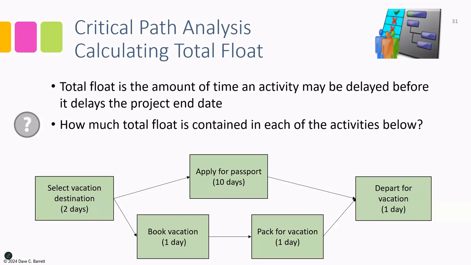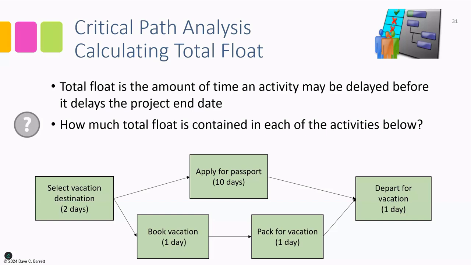However, now the question becomes, what about these ones at the bottom, book vacation and pack for vacation? What happens there? Well, to determine this, you need to look at what is happening on the critical path while these activities take place. So if we look at those 2 activities on the bottom, book vacation and pack for vacation, they together will take 2 days because they're sequential. While that's taking place, apply for passport is taking place, 10 days.